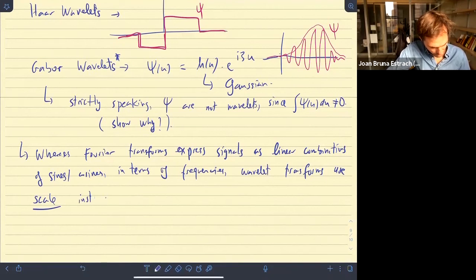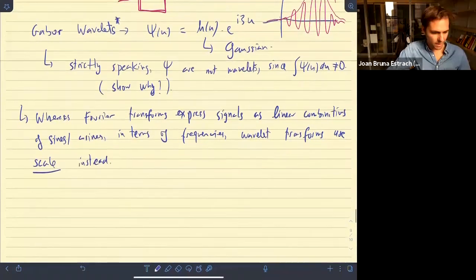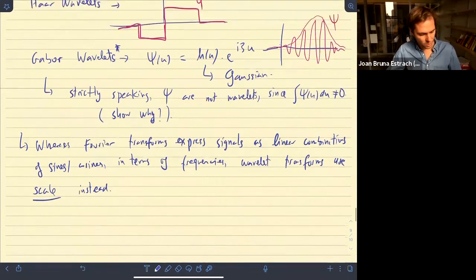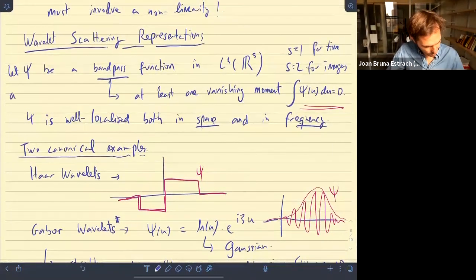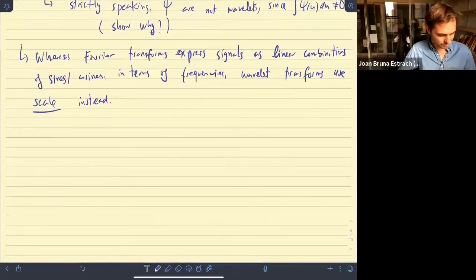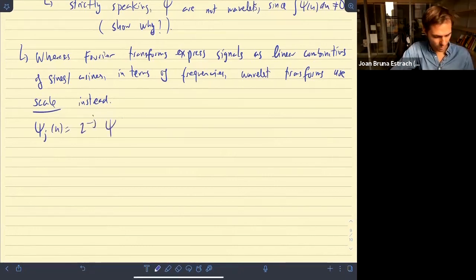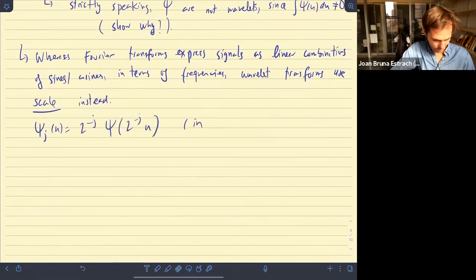So instead of frequency, we're going to use scale. What is that? Given this model wavelet, I define psi_j of u to be 2 to the minus j times the original model wavelet evaluated at 2 to the minus j times u. This is in dimension 1.